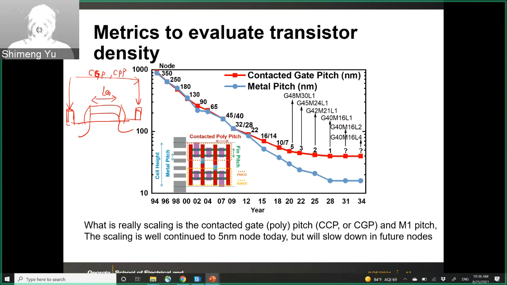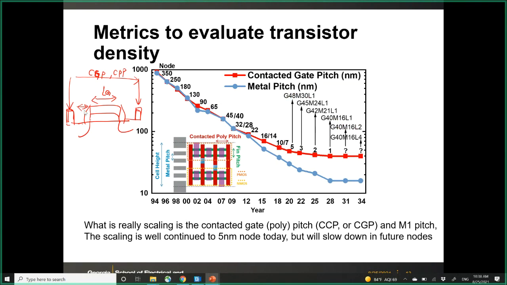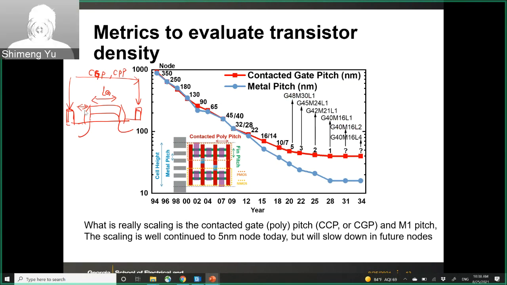That means you have to shrink the spacer thickness, the distance between the contact and the gate, and also the contact diameter. Those dimensions are scaled these days instead of the gate length. Gate length no longer scales.